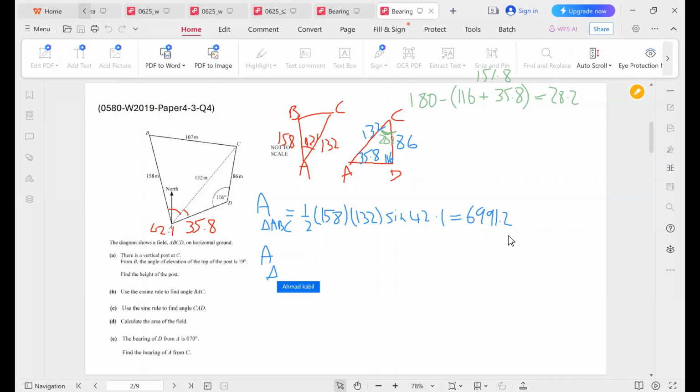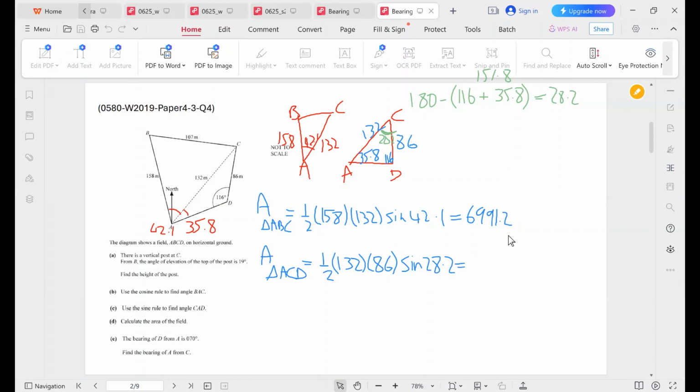Area of triangle ACD is equal to half multiplied by 132 multiplied by 86 multiplied by sine the angle in between, which is 28.2. And we figure this out.